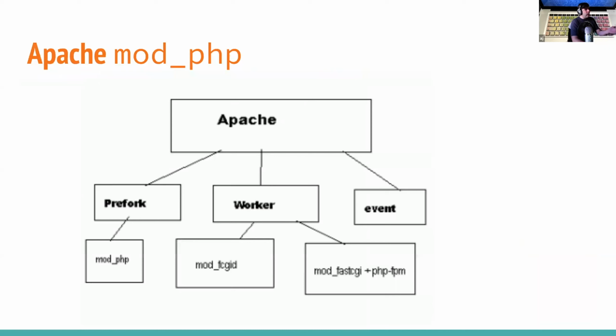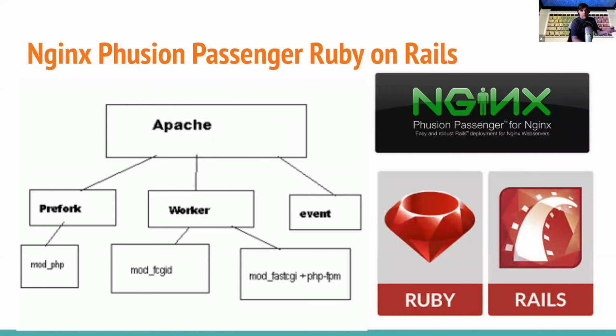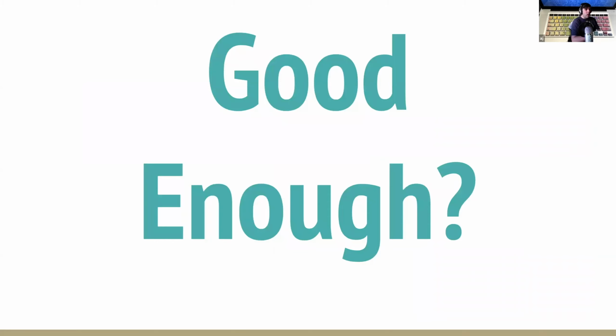But if you're ever familiar with mod_php for Apache or Phusion Passenger for Ruby on Rails, these are both following this forking model or this process model. So if we needed to handle 1 million requests, we could just have 1 million processes or 1 million forks. So why is this good enough?